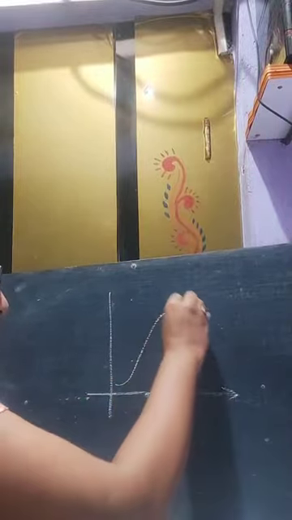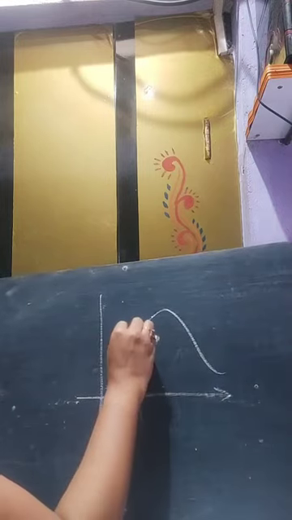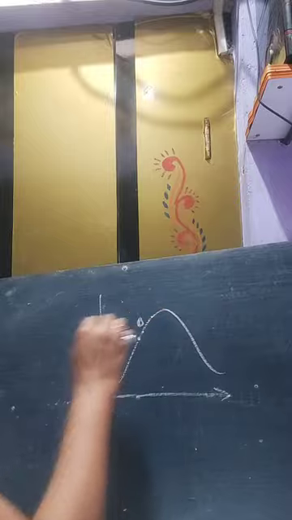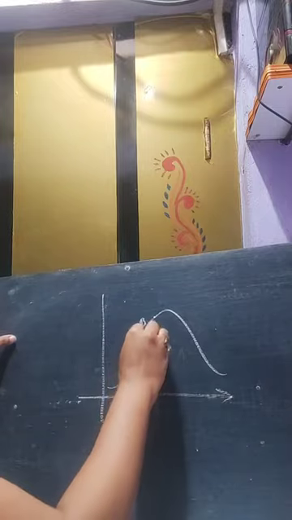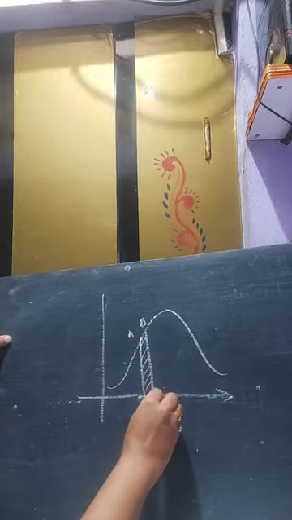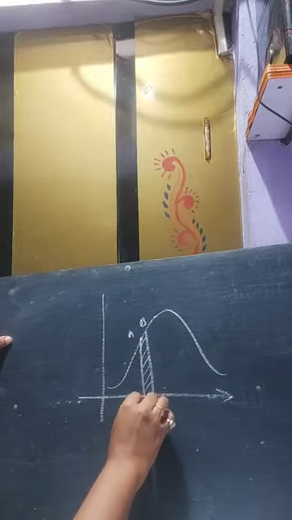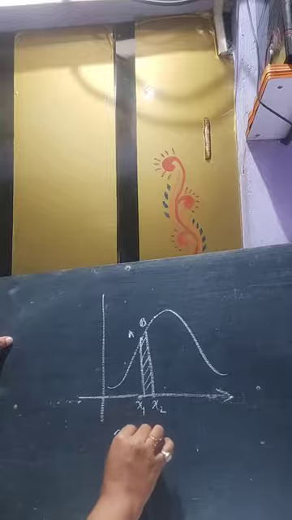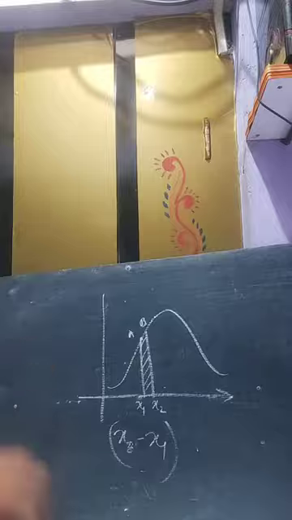Let us understand this with the graph. Suppose this is a curve. If I take two points A and B here, how will you find the difference? That is x2 minus x1, that is the difference. Clear?